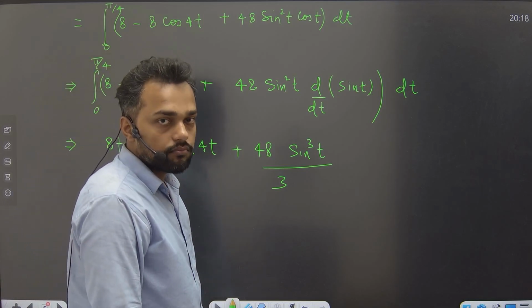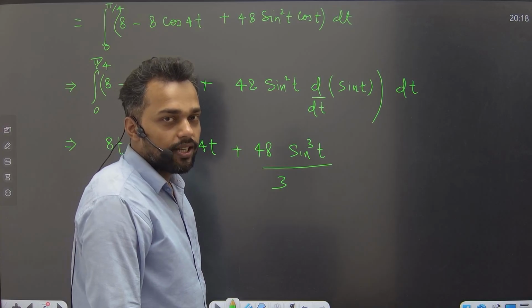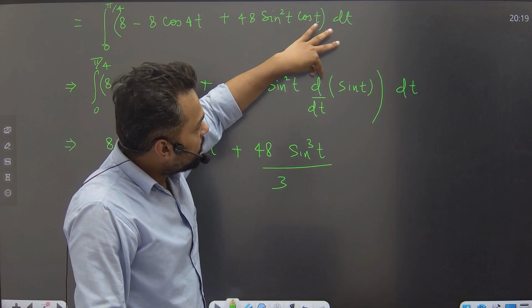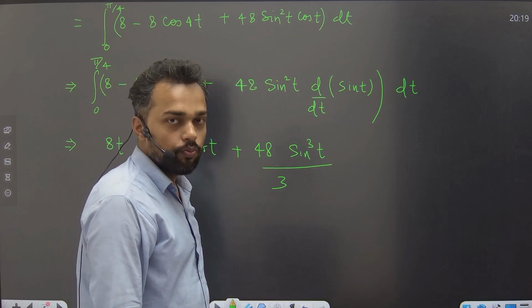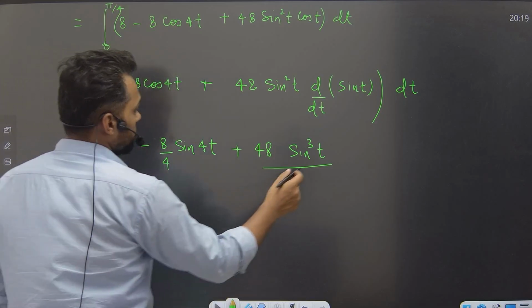Okay, how I have written it, integration of x square dx is x cube by 3. Similarly, integration of sine square t d by dt of sine t will be sine cube t by 3, from the range 0 to pi by 4.